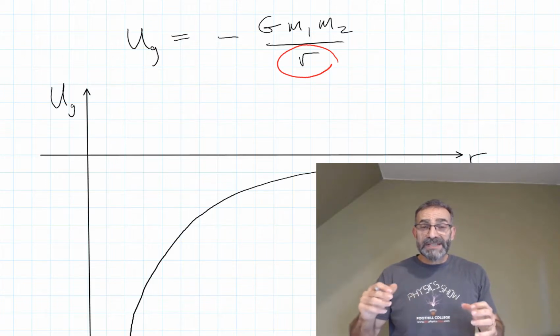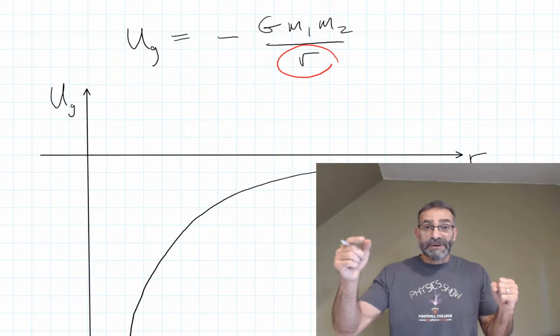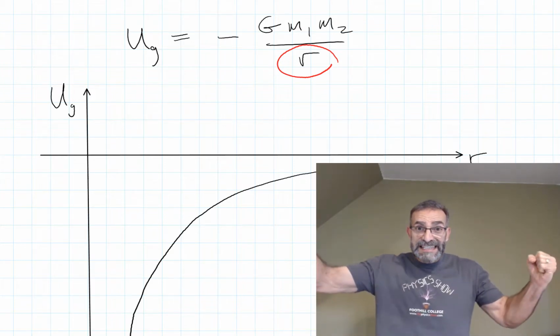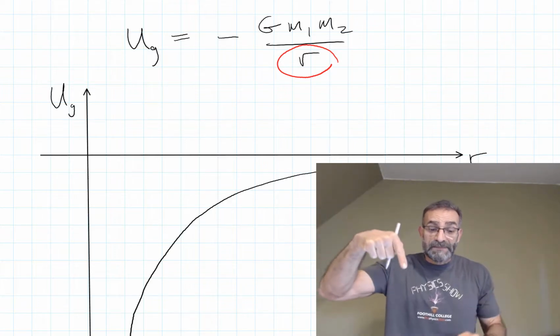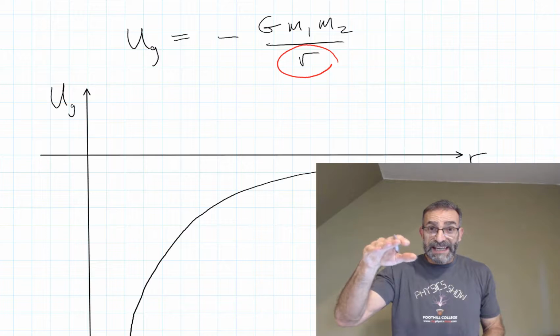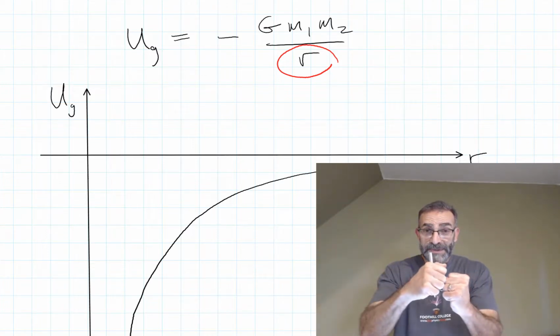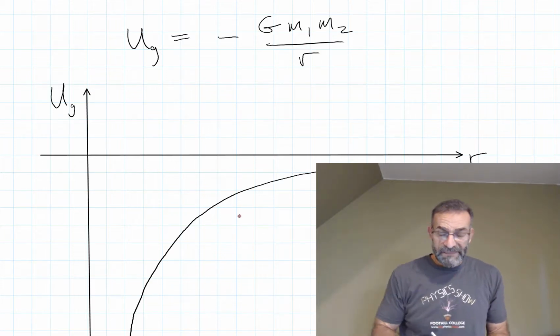The most gravitational energy we can have between two objects is 0, and that occurs when they are infinitely far apart from each other. And as they move closer and closer and closer, it drops, and it becomes negative, and it gets smaller and smaller and smaller. As they come closer and closer together, it becomes more and more negative.